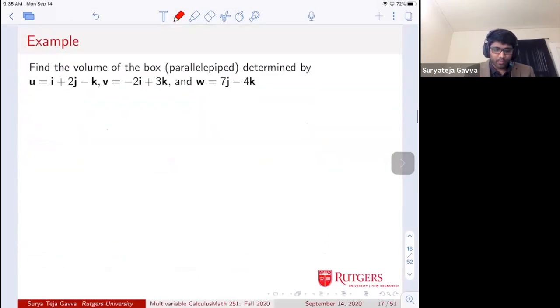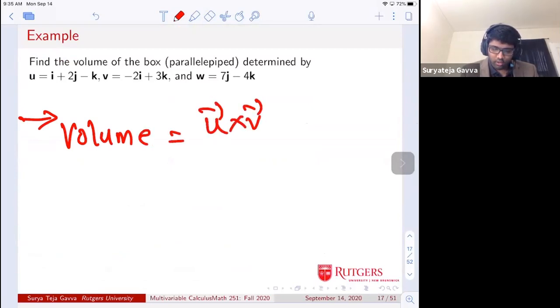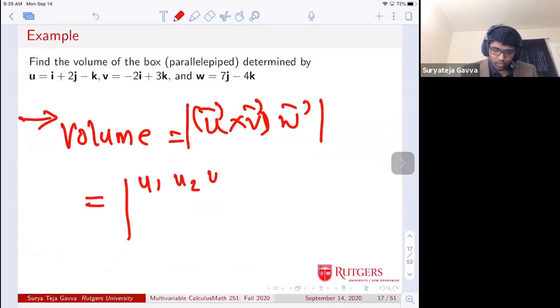Okay, so let me move on. If you want to find the volume of the parallelepiped formed by three vectors u, v, and w, it is nothing but the magnitude of u cross v dot w, which is the determinant with rows u1, u2, u3, v1, v2, v3, w1, w2, w3.